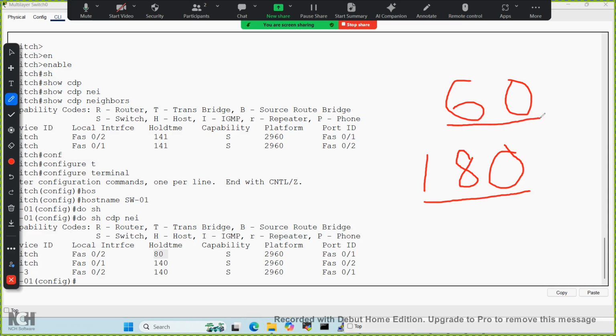If a switch goes down or powers off, it will stay in the neighbor table for 180 seconds. This is the hold time.